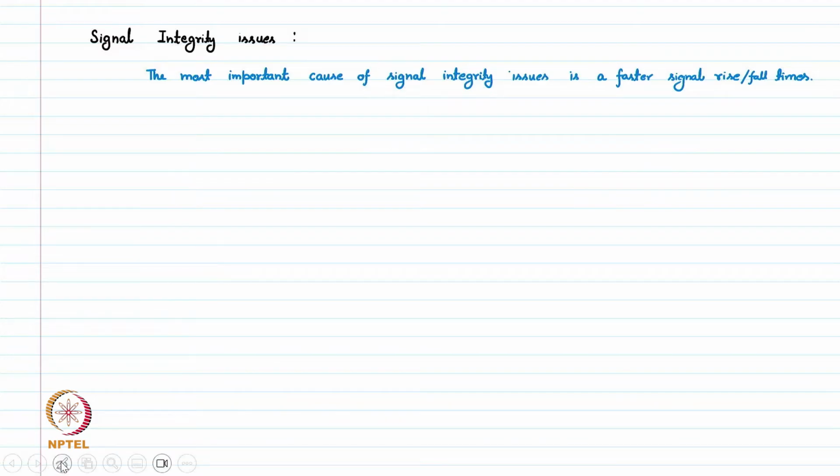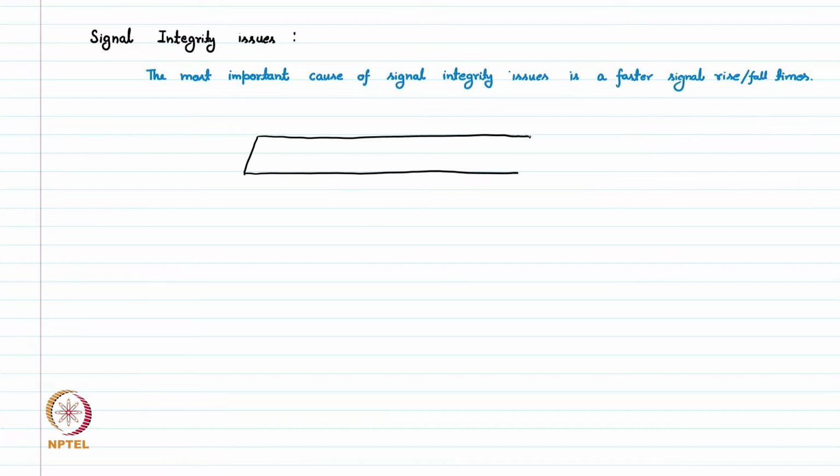For that we can draw a sample track. For example, we have a track which is made up of copper, and this has a relatively longer length.